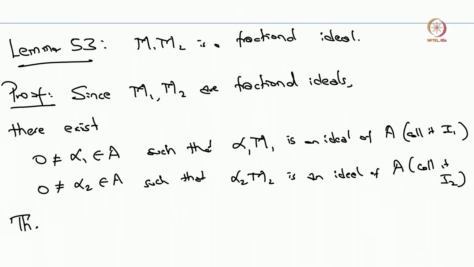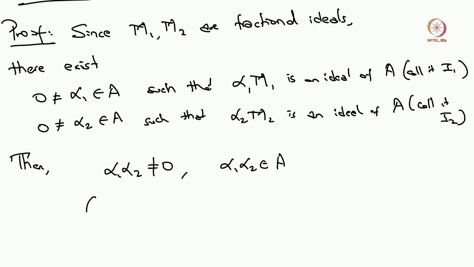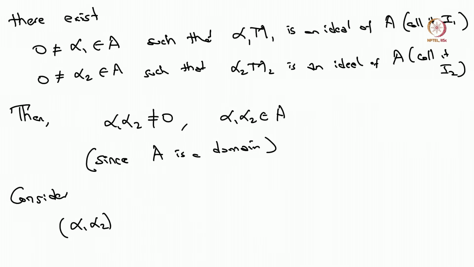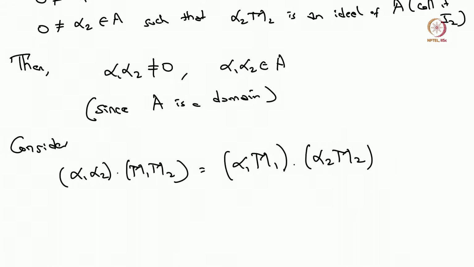And then you can see that the product alpha 1 times alpha 2 is not 0 and is in A. This is because A is a domain. And then if you consider alpha 1 alpha 2 times M1 M2, you write this as alpha 1 M1 times alpha 2 M2. Here we are using the fact that K is commutative.